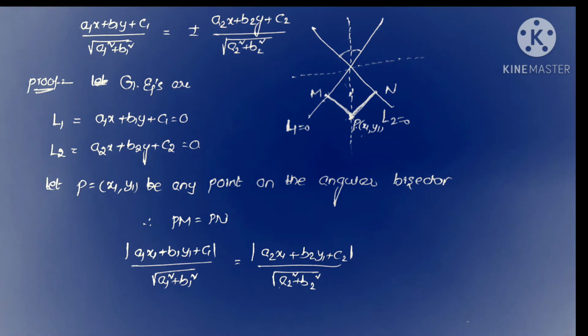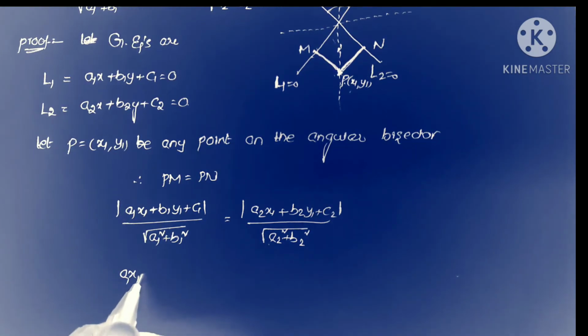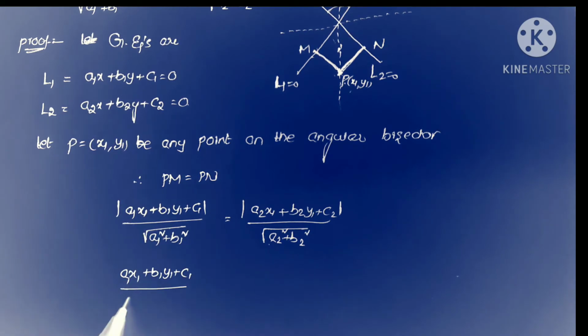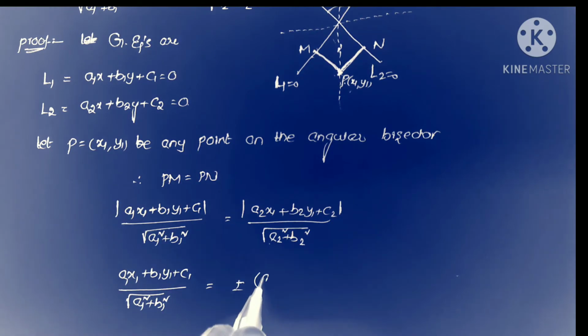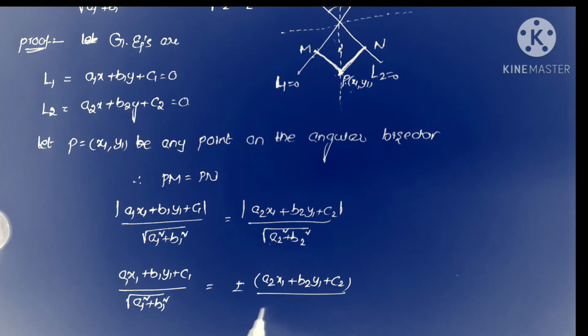Now removing the modulus and taking the plus or minus sign, we get (a1x1 plus b1y1 plus c1) by square root of a1 square plus b1 square equals plus or minus (a2x1 plus b2y1 plus c2) by square root of a2 square plus b2 square.